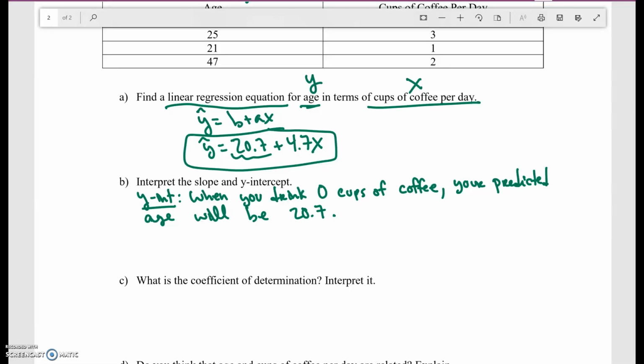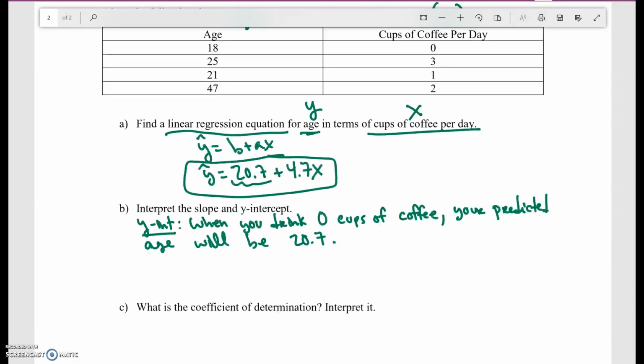That means if you drink 0 cups of coffee, your predicted age is 20.7 years old.